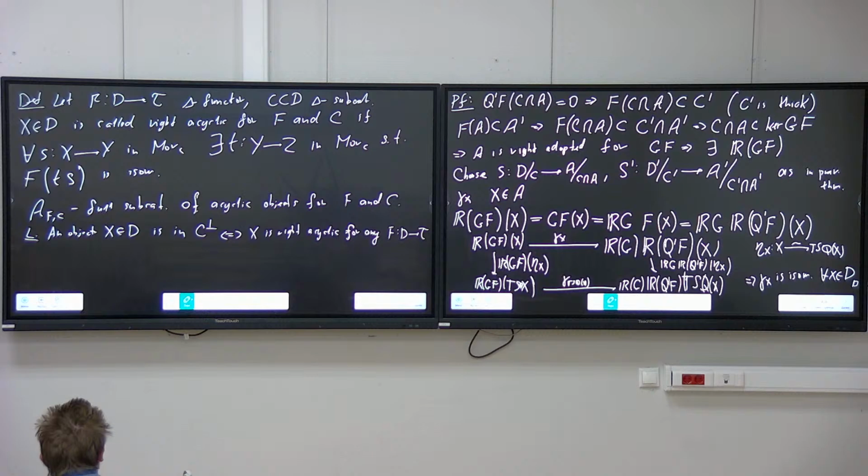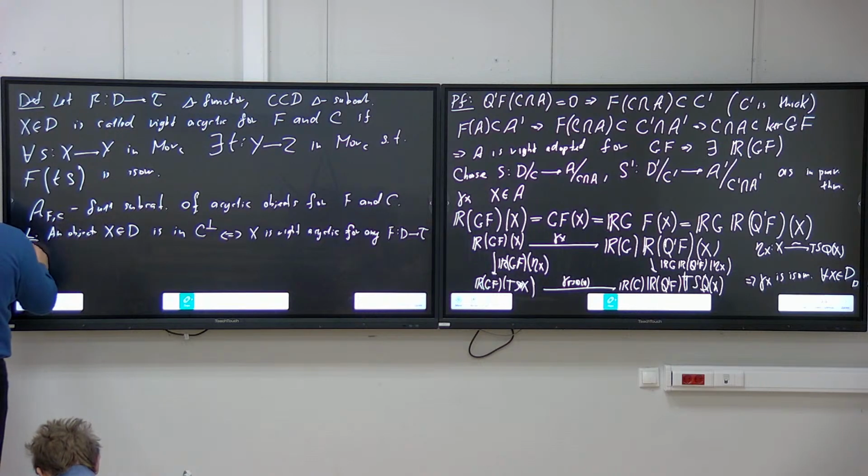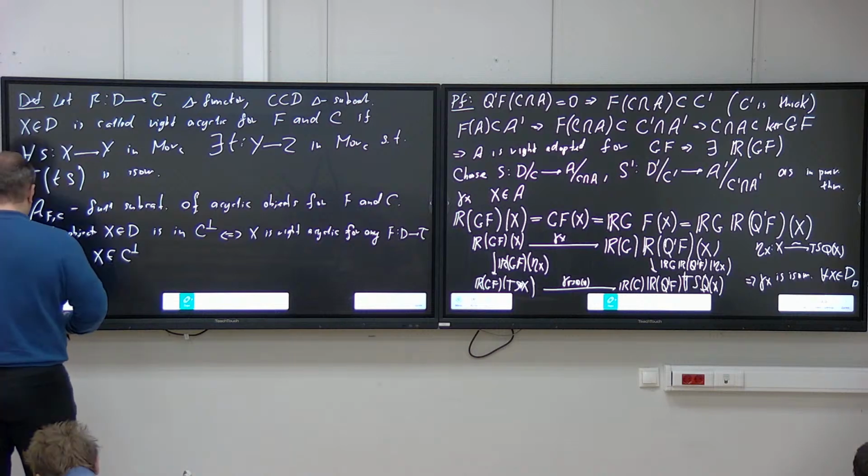So if we think, and we will see that this works, that acyclic objects are the objects that we use for resolutions, then the right orthogonal is the place where you can find a resolution for any functor, to the category C.